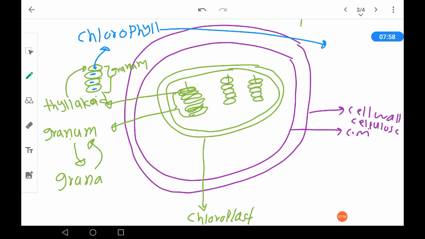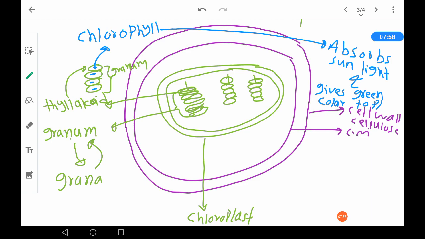Chlorophyll, so its function is absorbs sunlight and gives green color to plant. Okay, chlorophyll is a green colored substance.